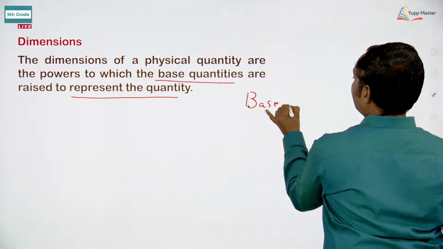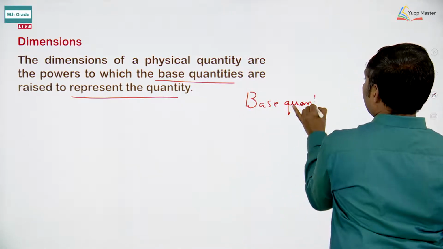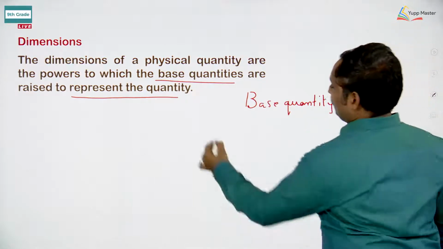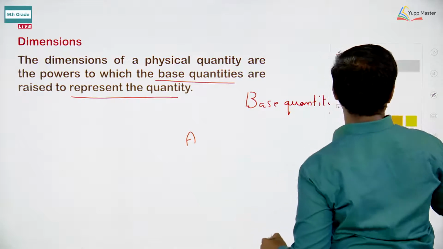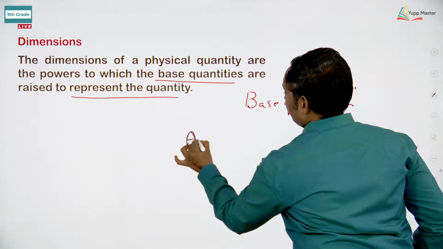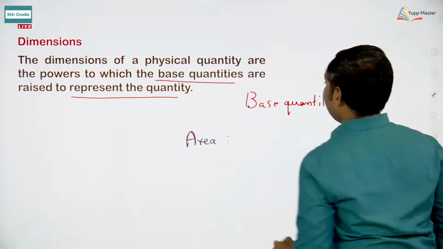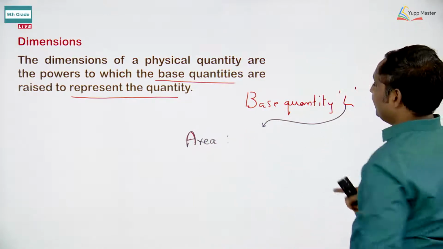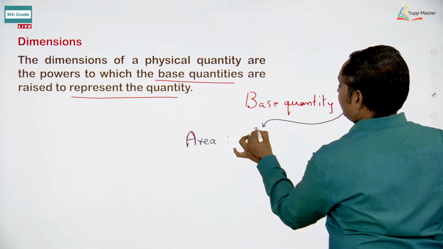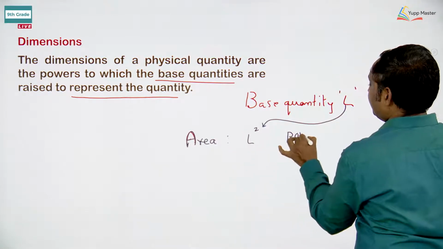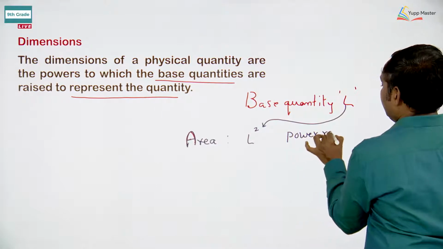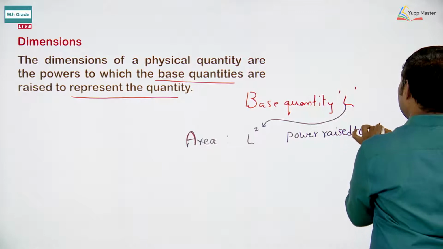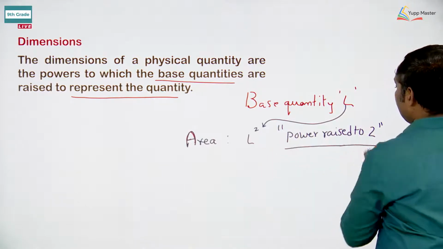This is a base quantity, say L. So to represent the area, the base quantity is power raised, it's going to be raised to 2.